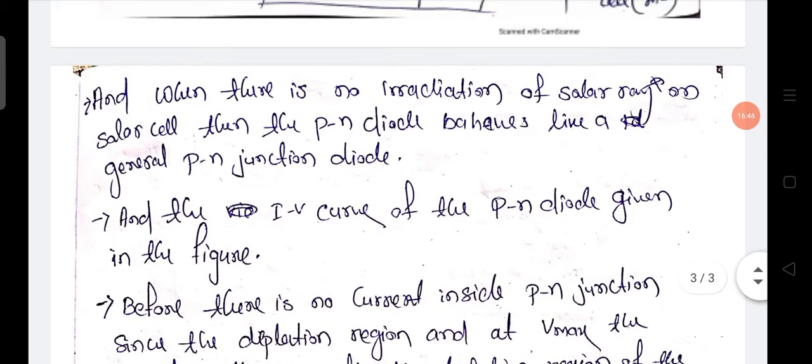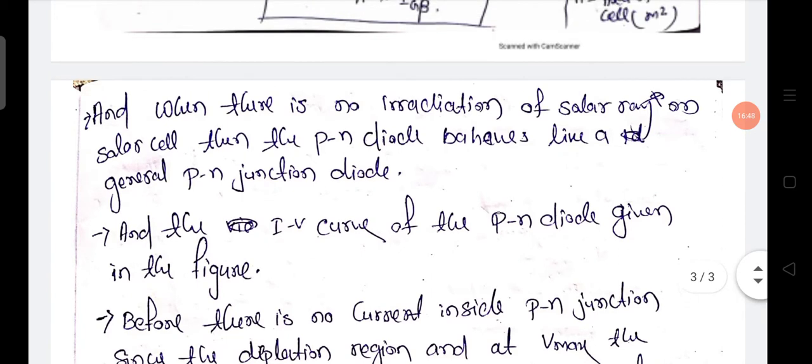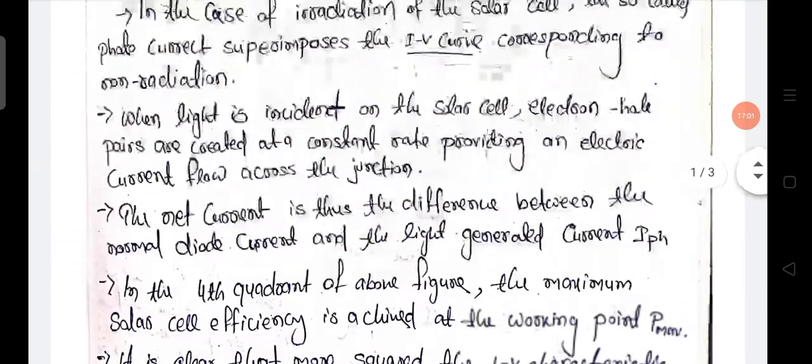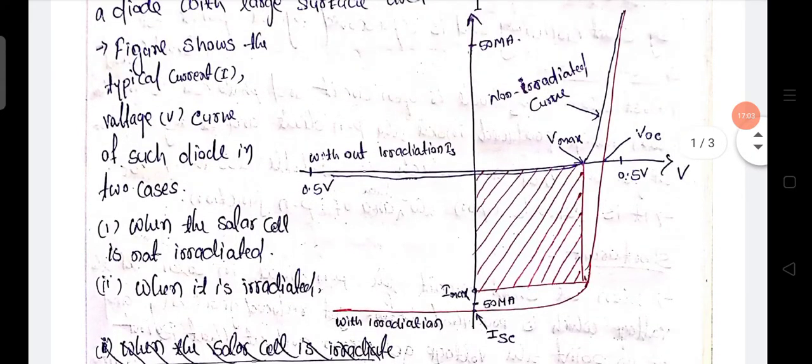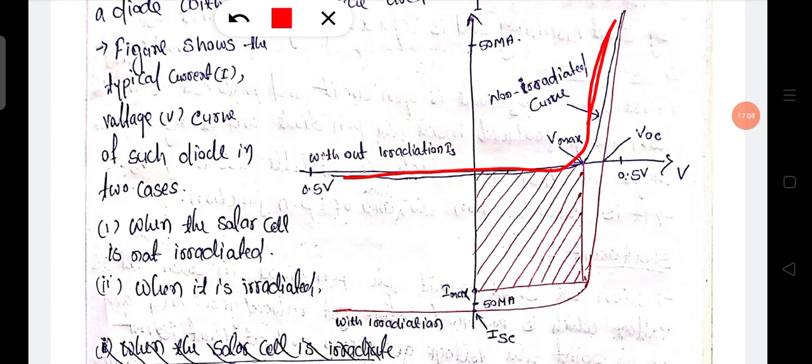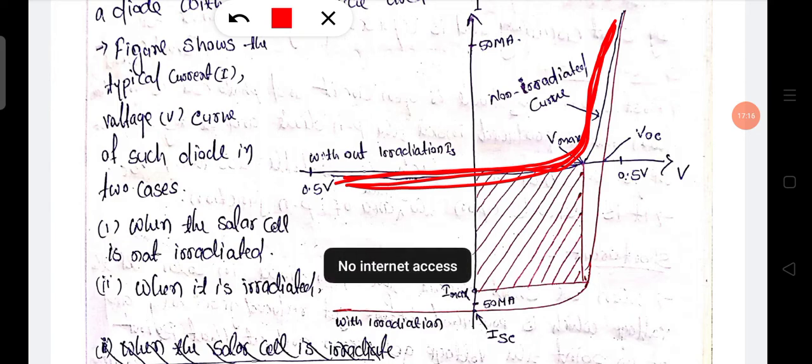Listen, I already told you that when there is no irradiation, the PN junction behaves like a general PN junction, and this curve is when solar radiation does not fall on the solar cell. At V max the current is increasing rapidly.